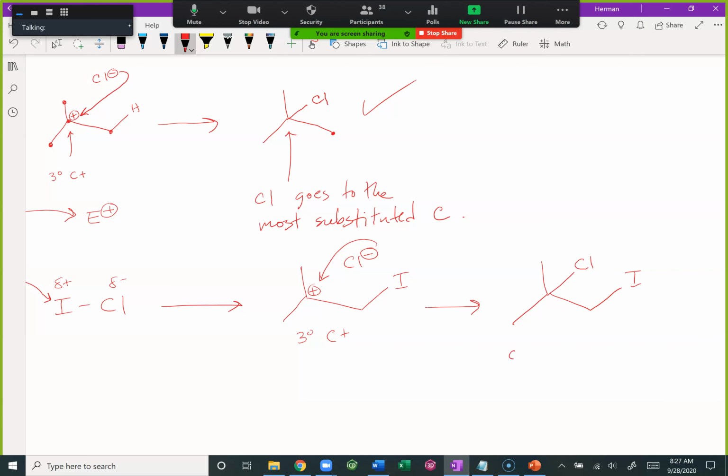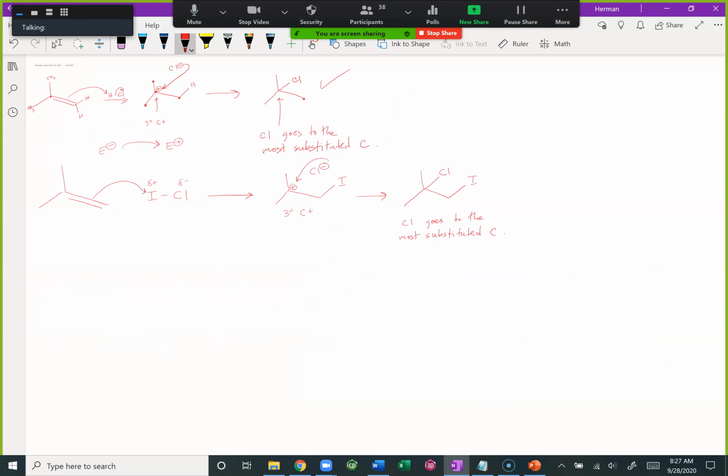So notice that chlorine goes to the most substituted carbon. All right. And iodine goes to the least substituted because it is the one that is acting like a proton for the hydrohalogenation. All right.